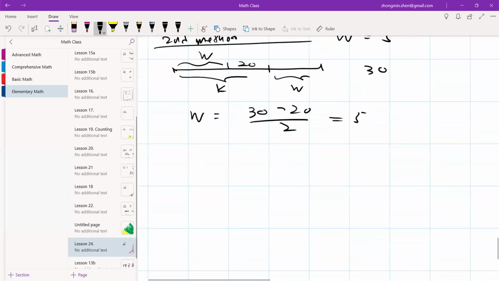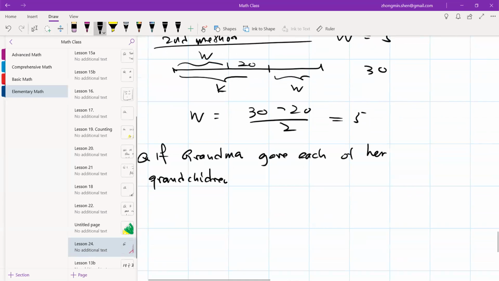A typical problem is from the last homework. Okay. Let me copy down the problem. And I hope you already did it. Grandma gives each of her grandchildren 10 pieces of candy, still a candy problem, okay?